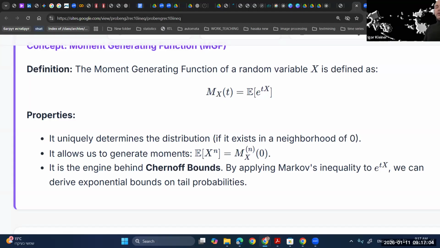It's also useful to find the distribution of a sum of random variables. If x and y are independent random variables, the moment generating function of their sum equals the product of their moment generating functions.